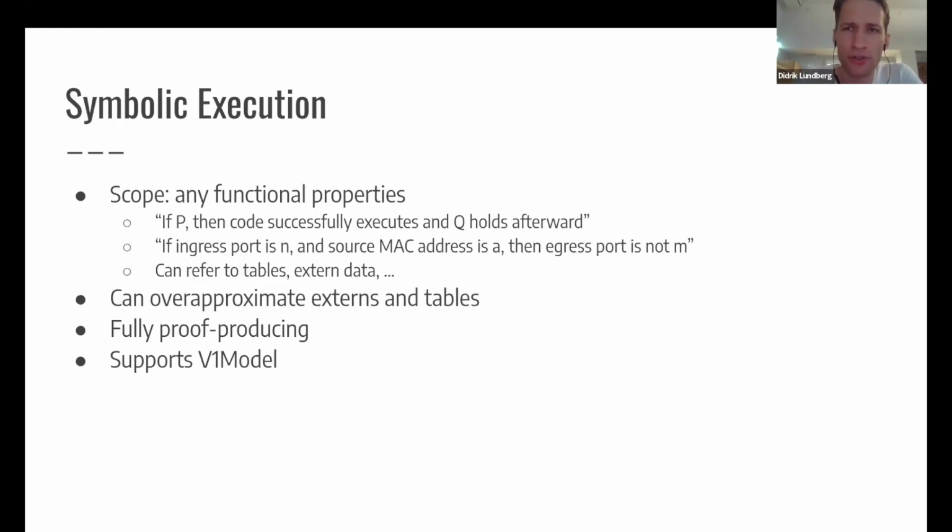So these assumptions in P may refer to bits of incoming packets or to tables or to external behavior or anything really. P and Q are general HOL4 predicates, not restricted in any way, and may include quantifiers and everything you want.